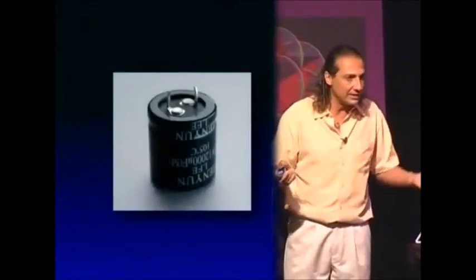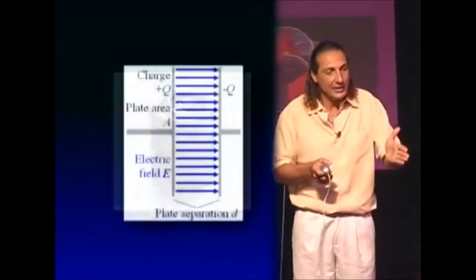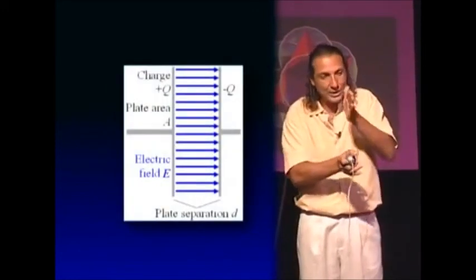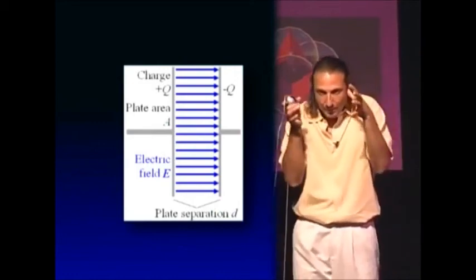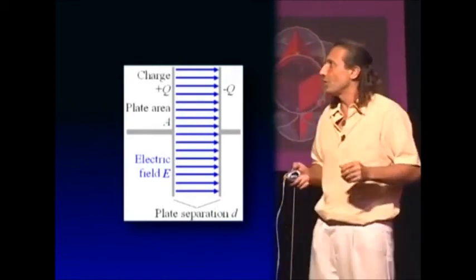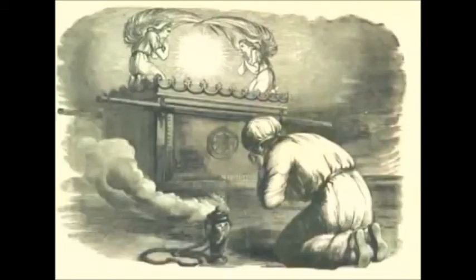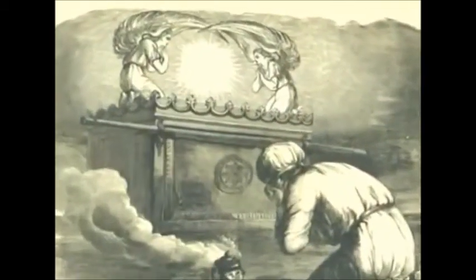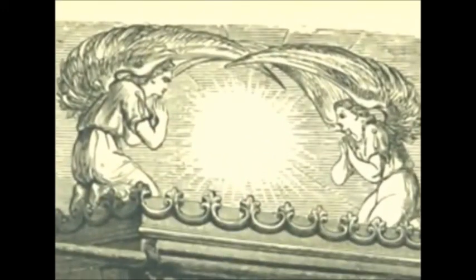And so capacitors are used in all sorts of electronics today. But basically, there are a dielectric and electrical plates, which create like a container for energy. And this large Ark capacitor was described as having a sphere or thing in the middle of it that was very radiant.